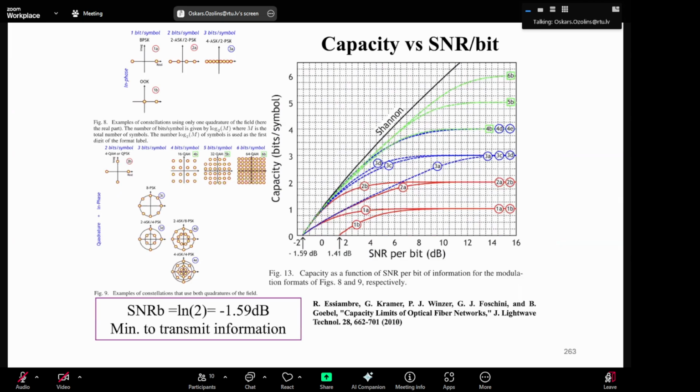Okay, so here is the graph of capacity versus signal to noise ratio per bit, and you kind of start to get a limit. You cannot approach the channel limit, and you need different tricks to go closer and closer.